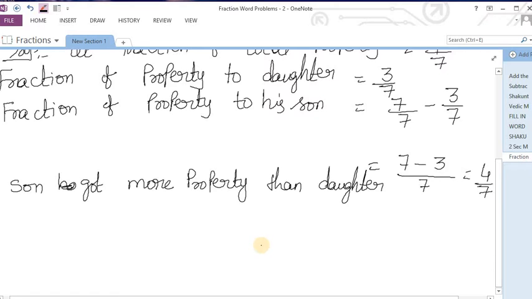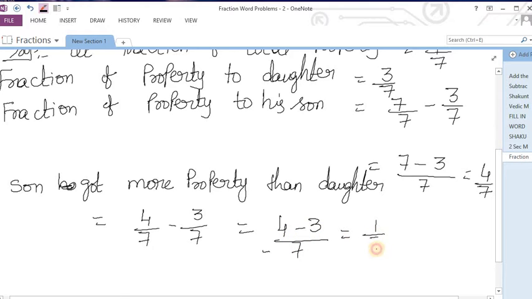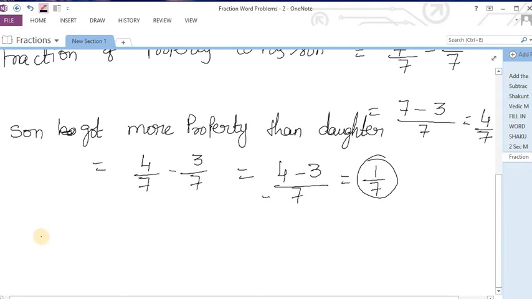So what is the fraction of property here? Ronit's son got 4/7 minus 3/7, and 3/7 is the daughter's property. So 1/7 of the property he got more when compared to his daughter.